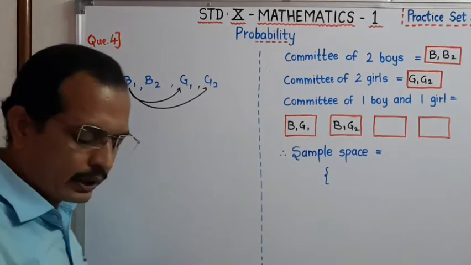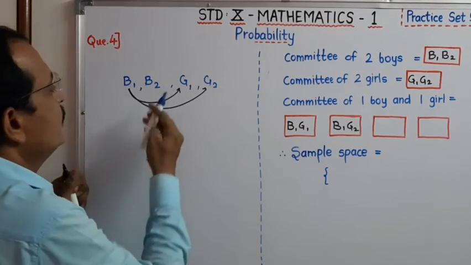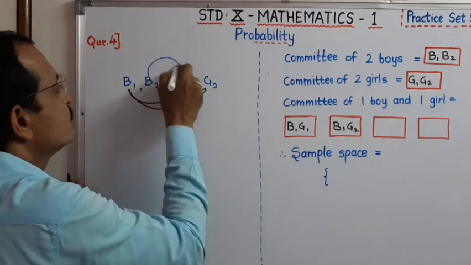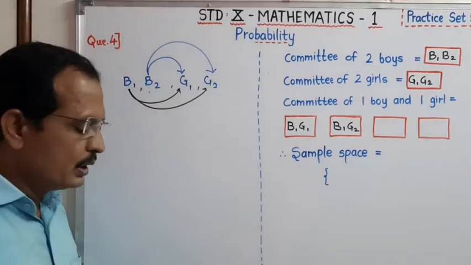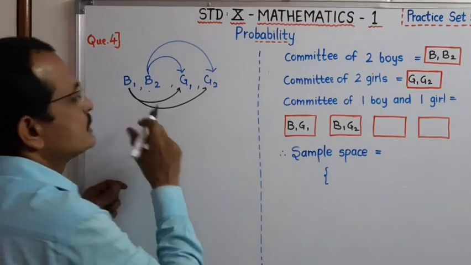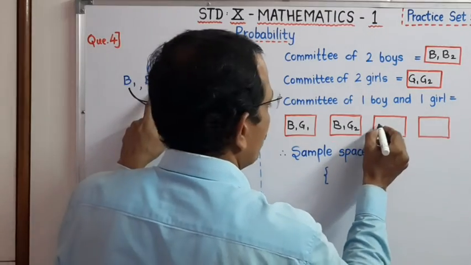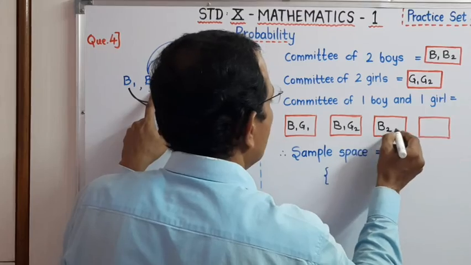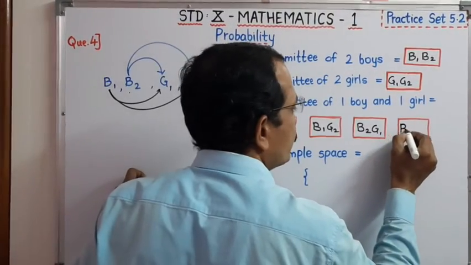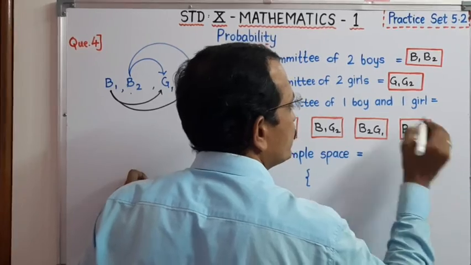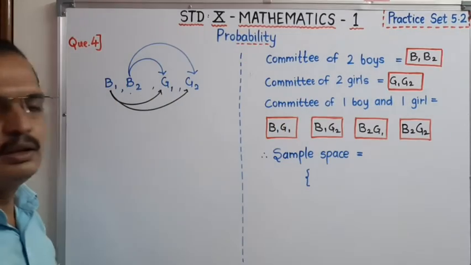Now we have to take B2 with G1 and again B2 with G2. Therefore, we can write here the third committee, B2 and G1, and B2 with G2. These are the committees.